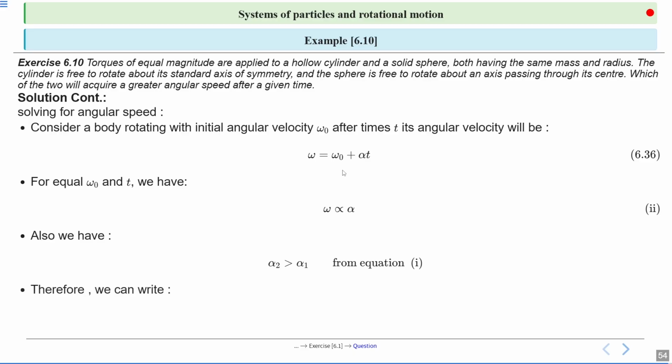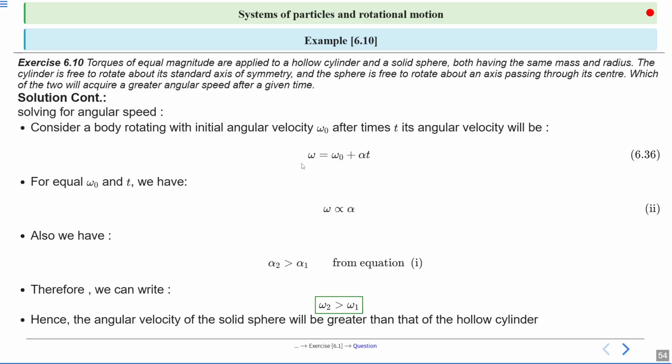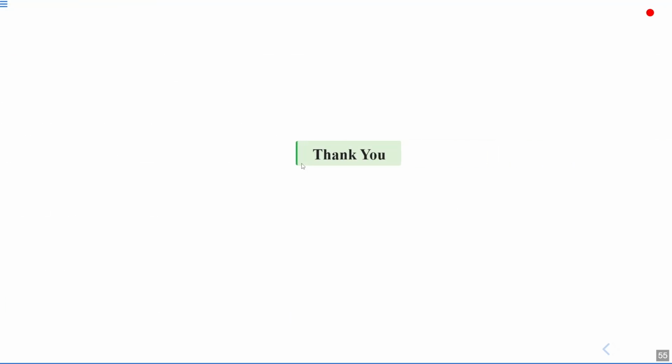So therefore we can write omega 2 is greater than omega 1. This expression 6.36 is very important, and it is the same as we studied in linear motion, v is equal to u plus at. Hence, the angular velocity of the solid sphere will be greater than that of the hollow cylinder. Thank you for your attention.